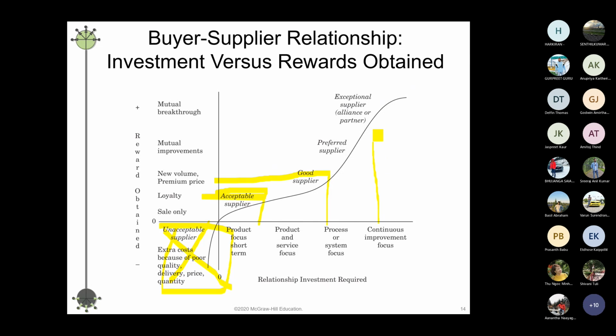Here you're happy with the relationship, and both you and suppliers are doing great. And finally, the best zone or the best area is here, which we call exceptional suppliers. These are suppliers that you can consider only one of them. You don't need multiple of them, okay? And you can start building alliances or a strategic relationship with them.